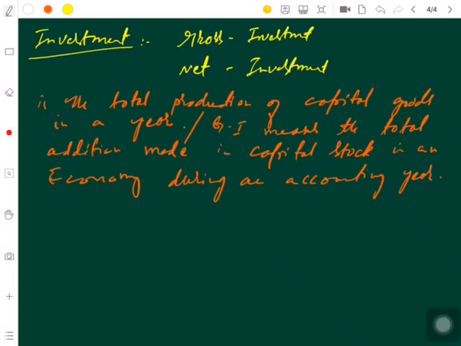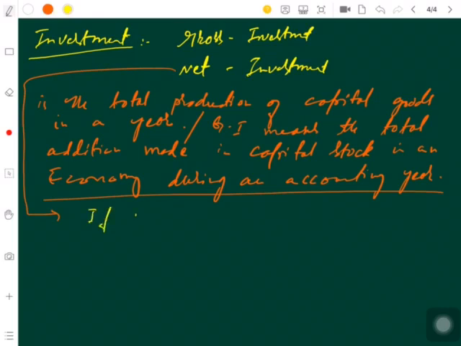So contrary to it, if we have to define the net investment, it is the gross investment less depreciation.